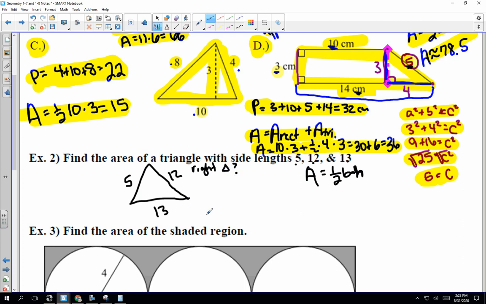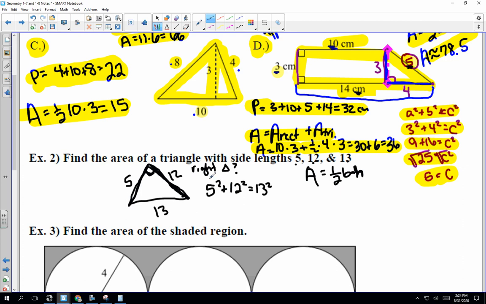So we're going to take our two smallest sides squared. Do they equal our largest side squared? If they do, then we have a right triangle. And then we can use 5 for our base and 12 for our height.